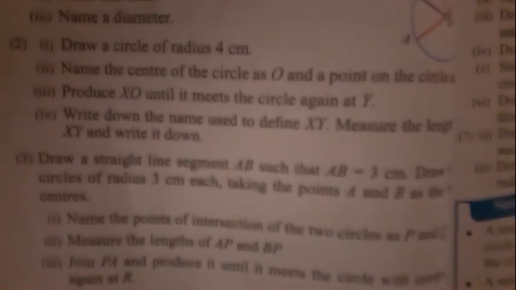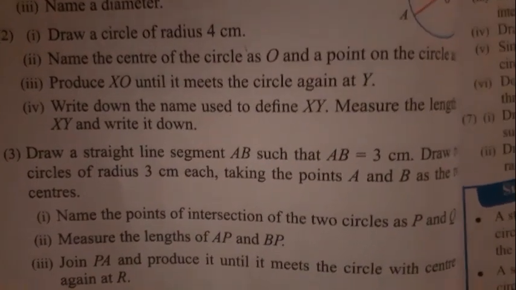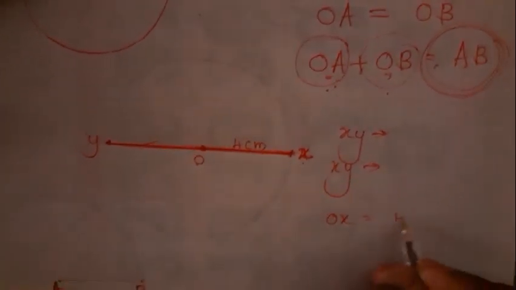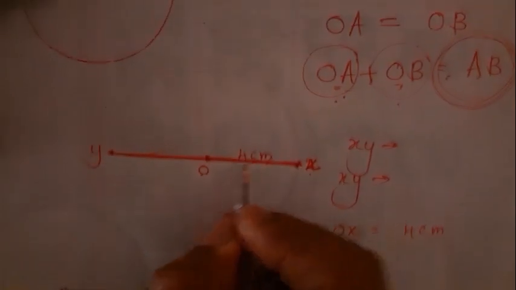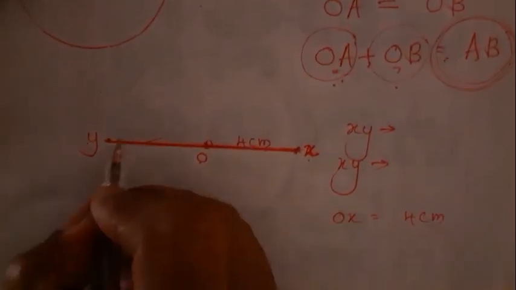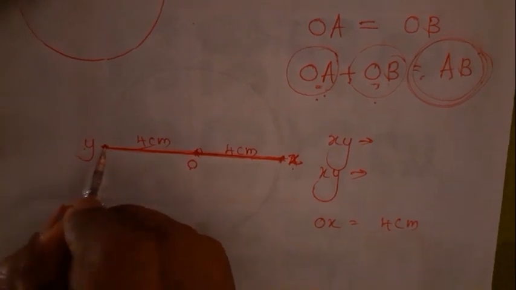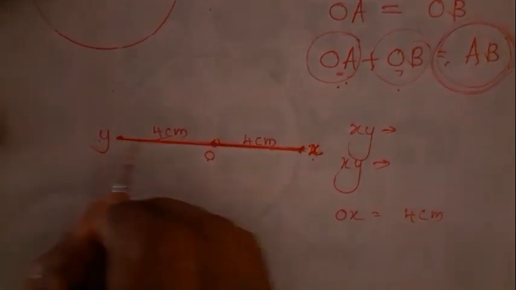Now I have taught you this is the radius. The diameter is twice its radius. So you have to measure XY. Now you know OX equals 4 centimeters, here to here. Then here to here also 4 centimeters. Then you have to measure from here to here.